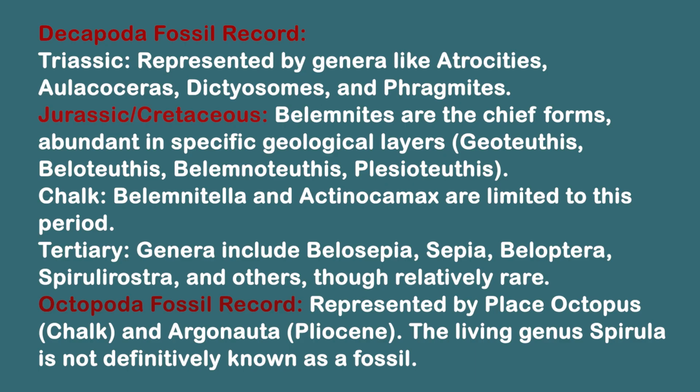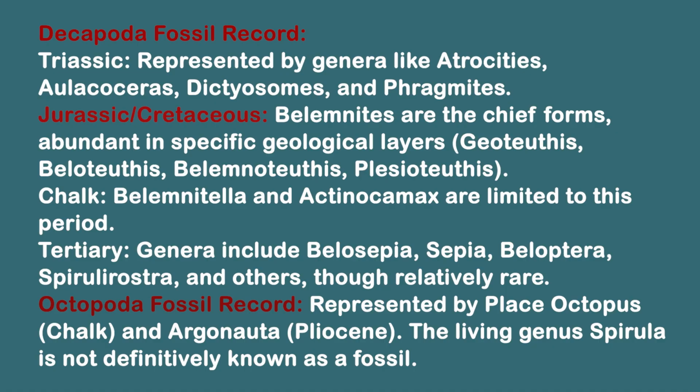Typical littoral genera are Octopus, Sepia. The suborder Decapoda is represented in the Triassic by Atractites, Aulacoceras, Dictyoconites and Phragmoteuthis.